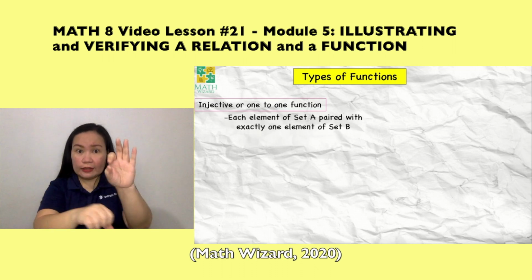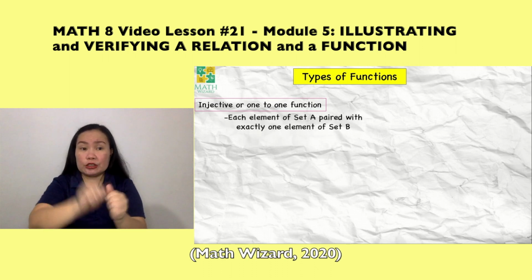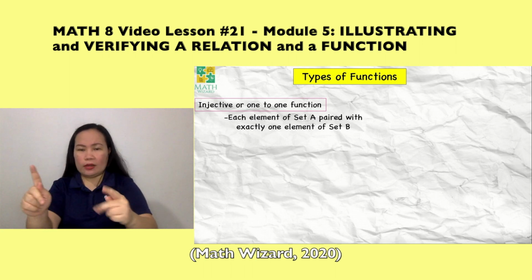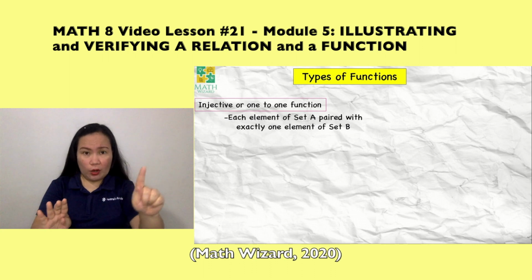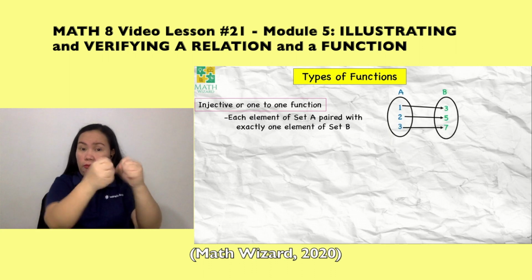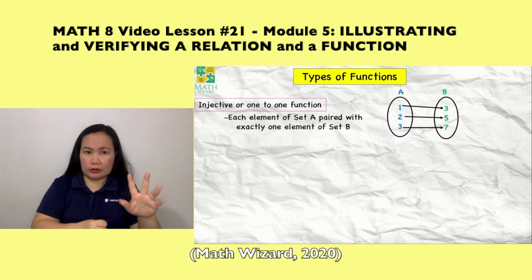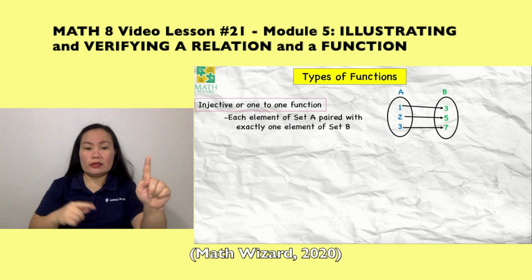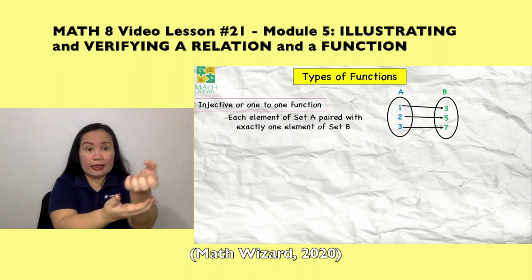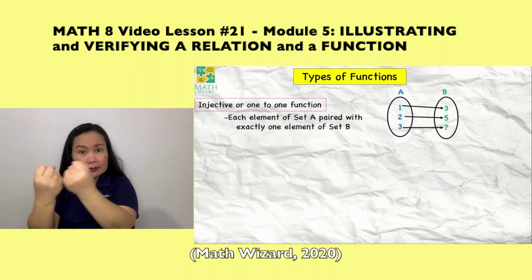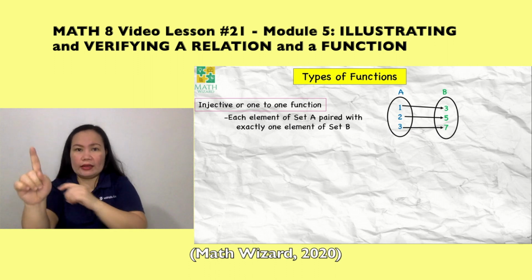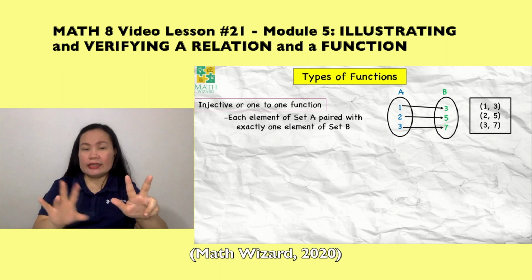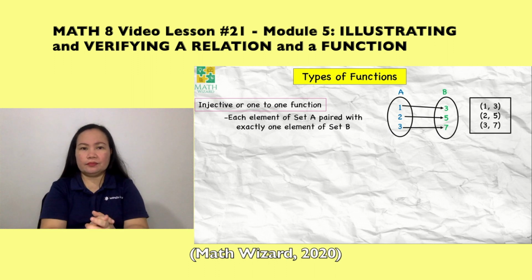Pag sinabi nating one-to-one function, ibig sabihin, each element of set A paired with exactly one element of set B. Sa set A, kung meron tayong 1, 2, 3, sa set B naman, meron tayong 3, 5, 7, ang ibig sabihin lang ng one-to-one function, bawat element sa set A, dapat may pair siya sa set B na exactly one element. So, kung meron tayong 1, we have 3 sa set B, 2, 5, 3, and 7.